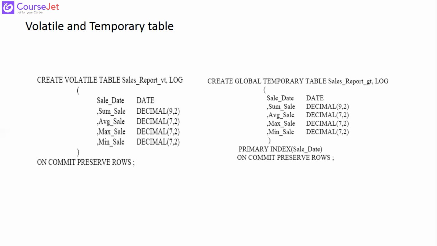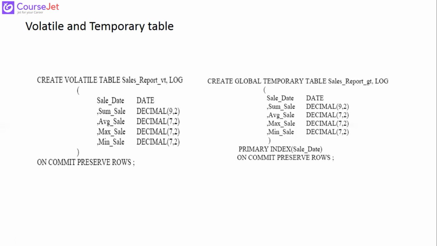But what exactly is the benefit of a volatile table? Why was it introduced? Any idea? In many cases, it is useful for performance tuning. Suppose your query is running for a long time and your explain plan is not actually good.